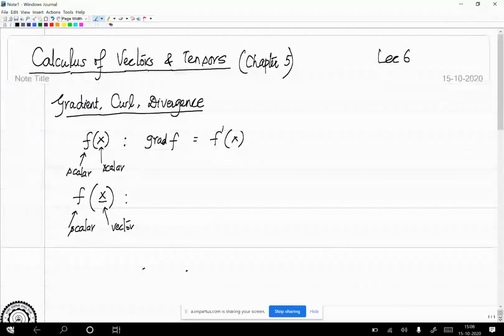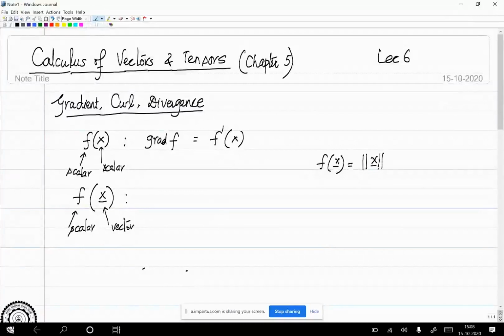For example, distance, or the magnitude. So if I say f of x is equal to mod of x, the argument is a vector, but the output is just a scalar. So this is one example. There are many more examples, of course.